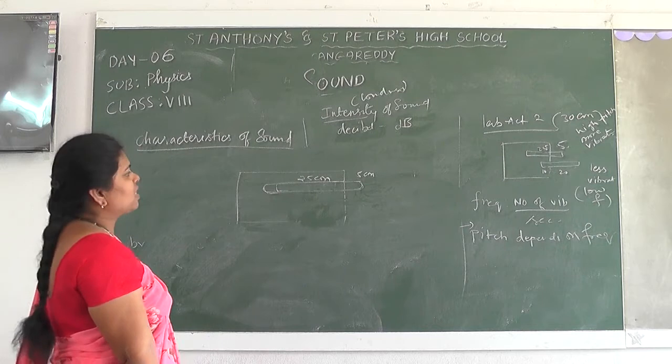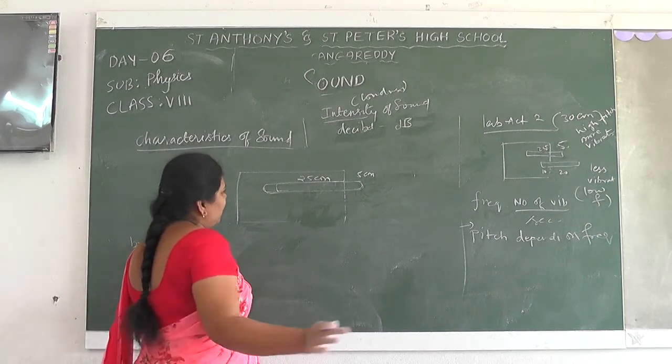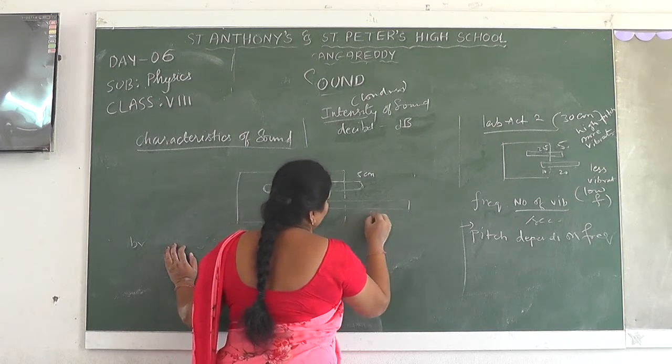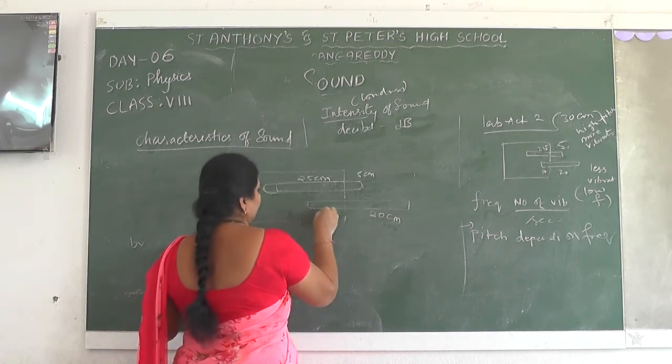And you take another scale, keeping 10 centimeters on the table and 20 centimeters outside the table.